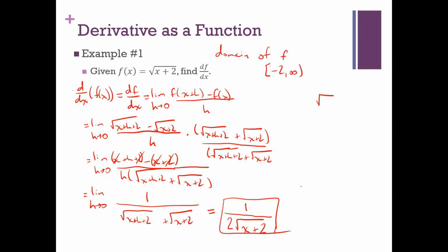Yes, the square root of 0 is defined, but 1 divided by 0 is not. I did this to highlight that they don't always share the same domain. So the domain of f prime excludes -2.